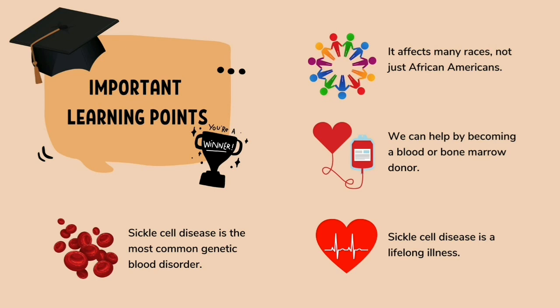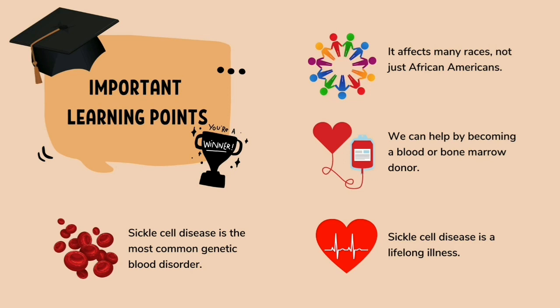It affects millions of people worldwide and is most common in African, Mediterranean, and Arabian Peninsula areas. The second important learning outcome is that this disease affects many races and not just African Americans. While sickle cell disease is more common in African Americans, it is still present in other racial populations.